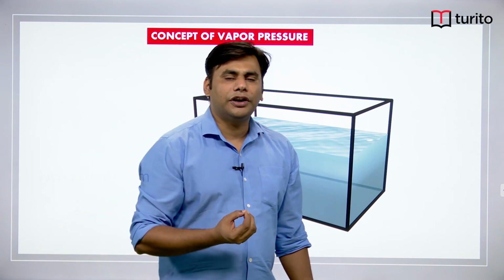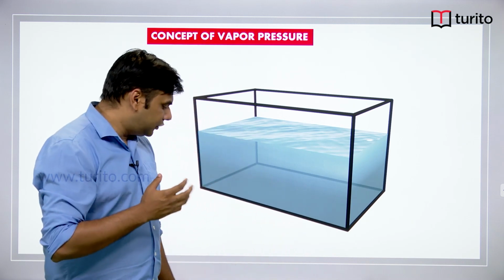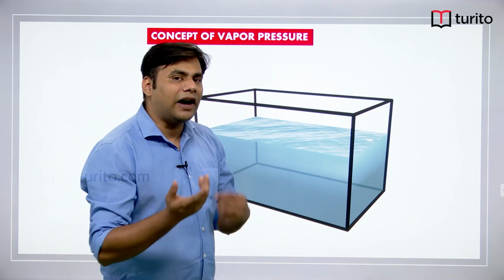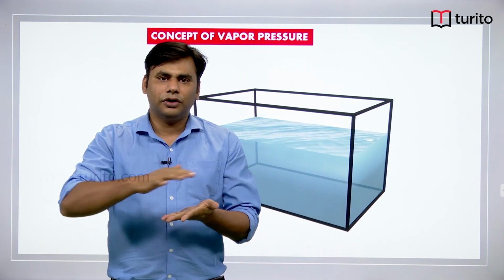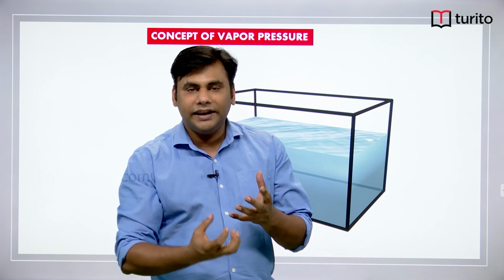So evaporation is a spontaneous process that happens on its own. The next question that should strike the mind is: why does evaporation happen? If you look at the liquid, there are molecules at the surface and molecules in the bulk.